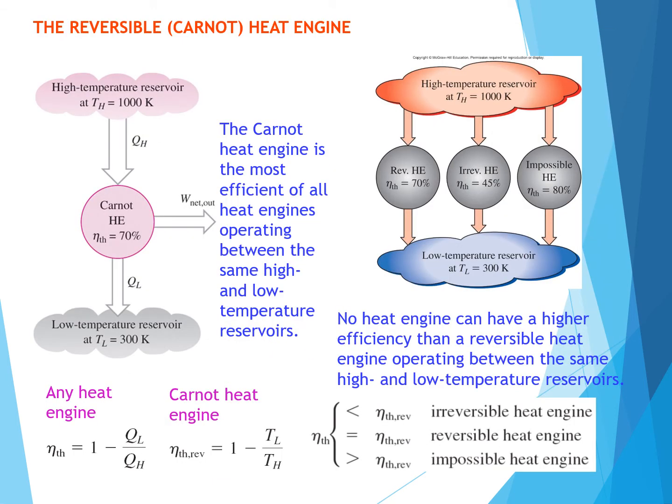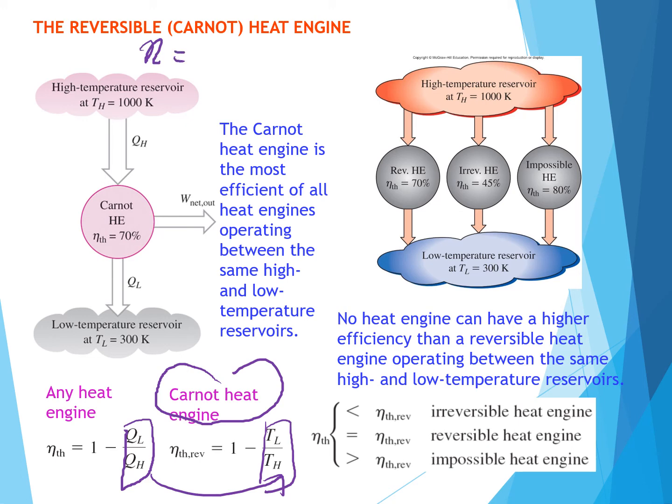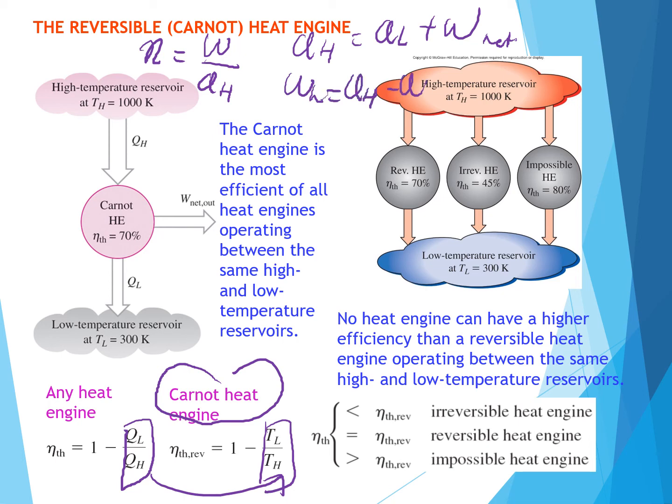Now, based on the thermodynamic temperature scale, we can have another expression for the Carnot heat engine by substituting the ratio of heat transfer with the ratio of temperature. Previously you learned that the efficiency of a heat engine is equal to W net out over QH, and we know that QH can be expressed as QL plus W net out. So W net out is equal to QH minus QL.